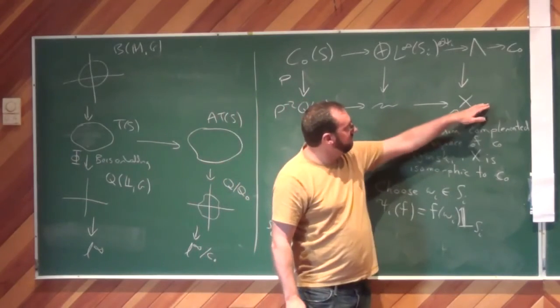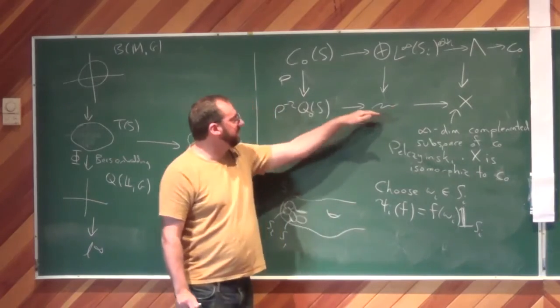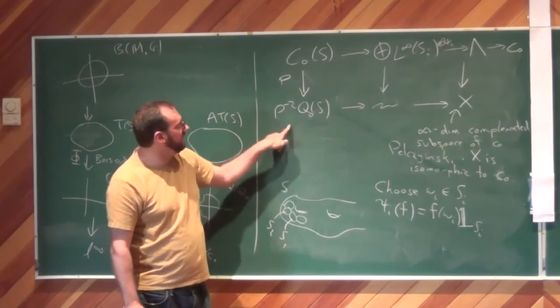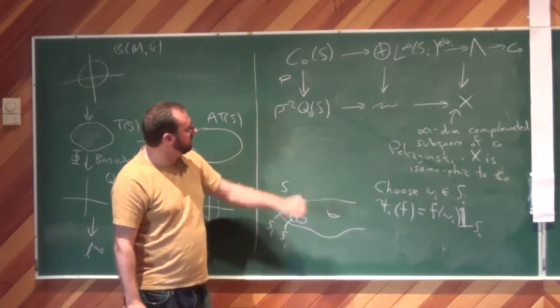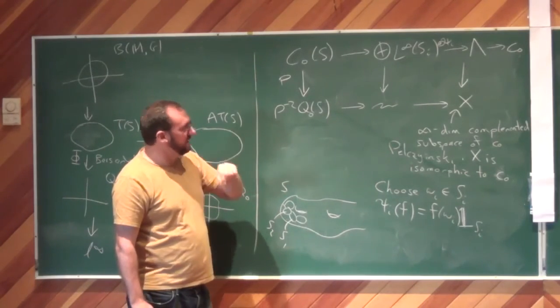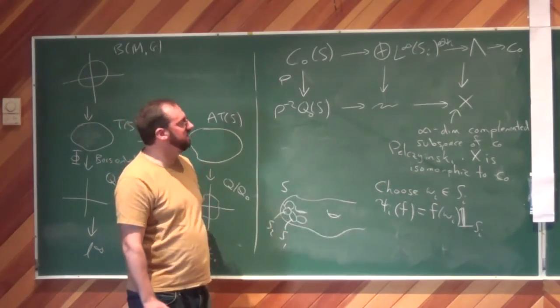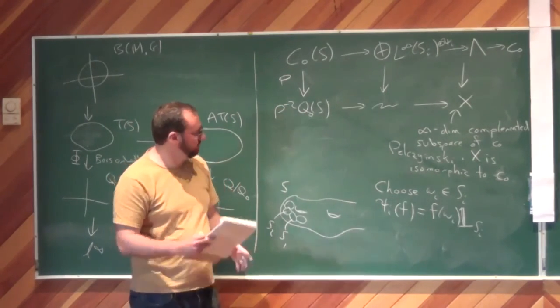So you get a bi-Lipschitz map between here and C0, and then you just pull that back by these two maps, which are relatively nice, and you get that this thing here is isomorphic to C0. And you can do a similar sort of construction for the Bergman spaces and the Q space too.